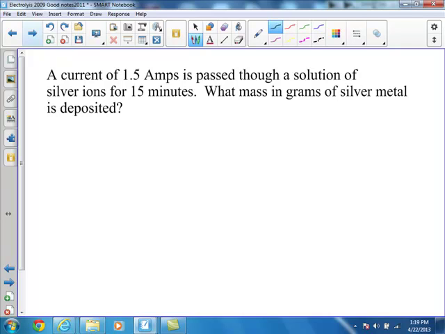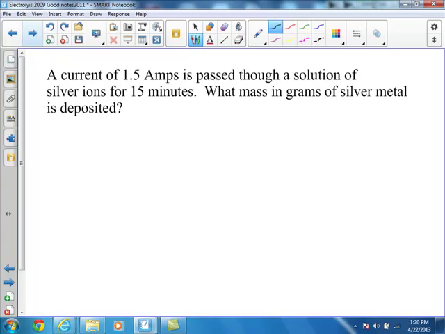Okay, what we're going to do is figure out what mass is actually deposited when we electroplate. A current of 1.5 amps is passed through a solution of silver ions for 15 minutes, and I want to know what mass in grams of silver metal is deposited, because you don't want to electroplate forever, or you will get a very heavy object.